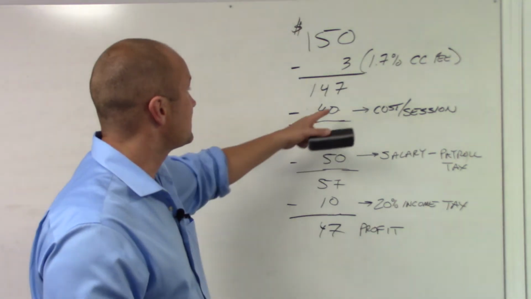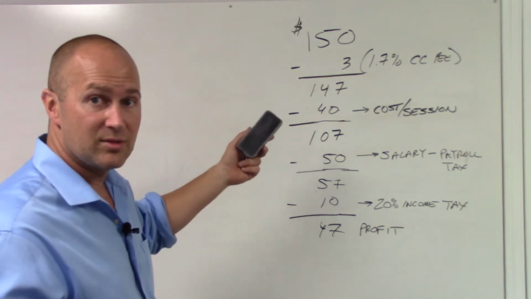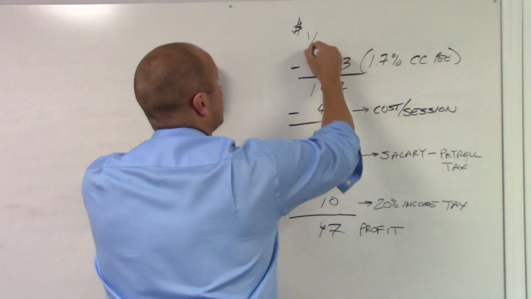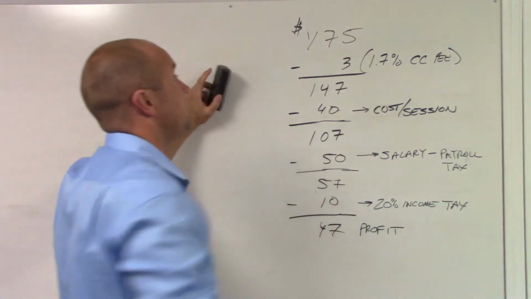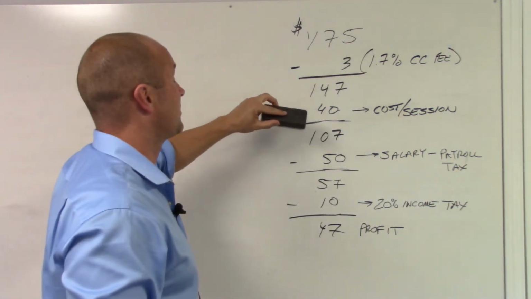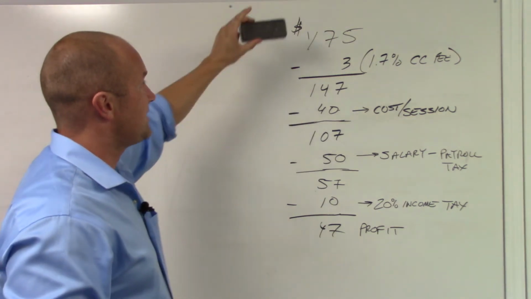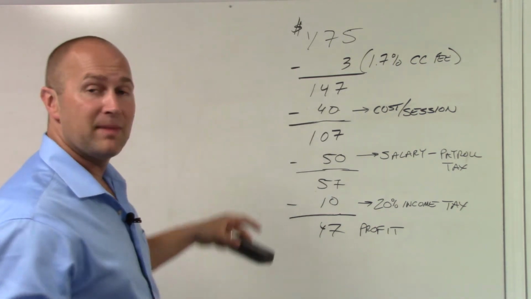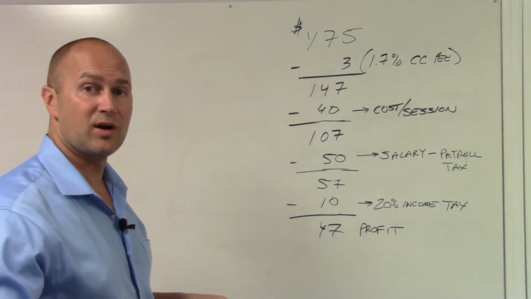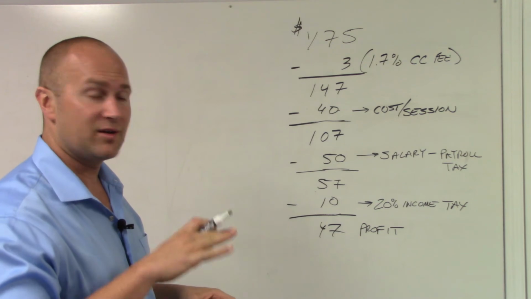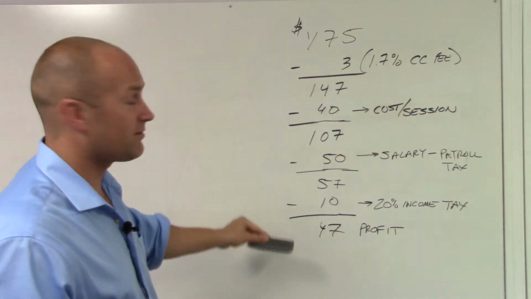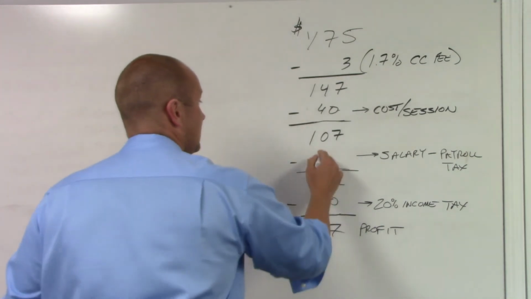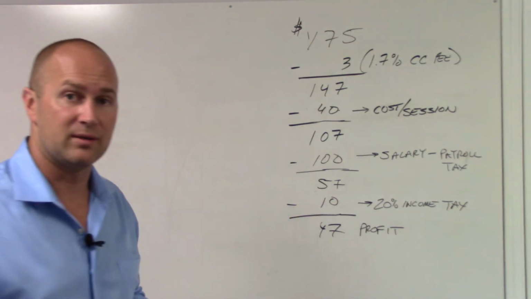So the goal with this one, another thing is too, as things get busy, what if you bump up this number? And then you can pay yourself more, okay? So as you get this fundamental outline down and you start managing your business with the scorecard, using my pro forma, tracking your expenses, you'll be able to play around with this to a point where you'll be able to pay yourself like $100 an hour if you wanted.